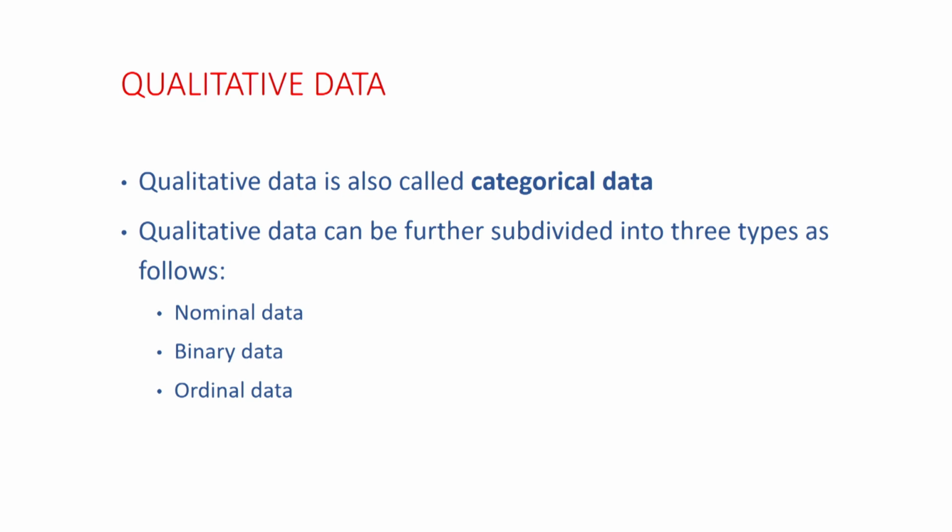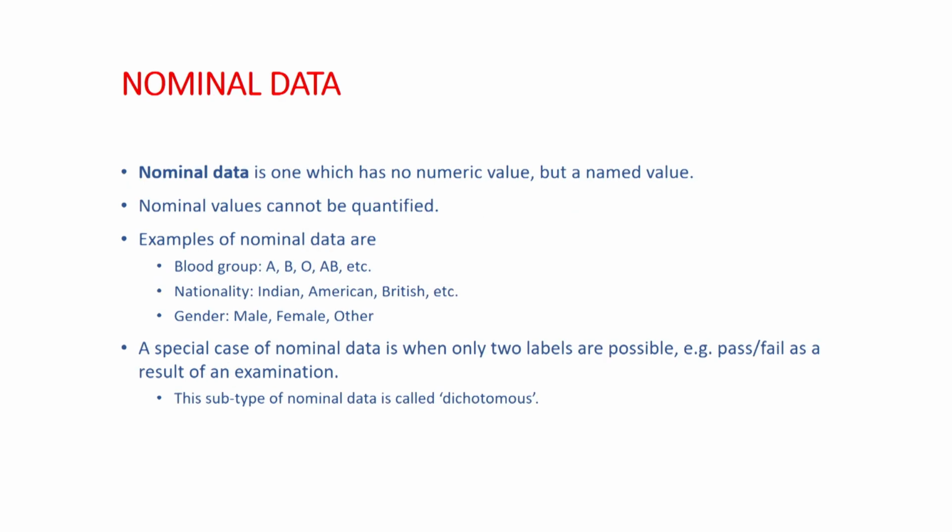First, we will see qualitative data. Qualitative data, as we have seen, is also called categorical data, and it is divided into 3 subcategories: nominal, binary and ordinal. So, let us see first what nominal data is. Nominal data is data in which we do not have numerical values, as it is an example of categorical data.